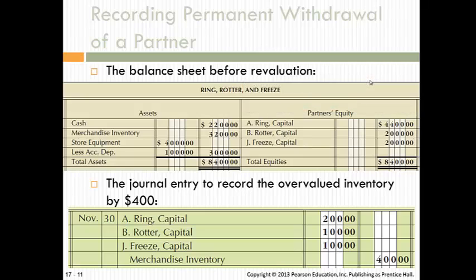This means Ring gets 1/2 of the $400 reduction in inventory, and Rotter and Freeze get 1/4 each. So this works out to 200, 100, and 100, which is recorded with a debit to each partner's account.